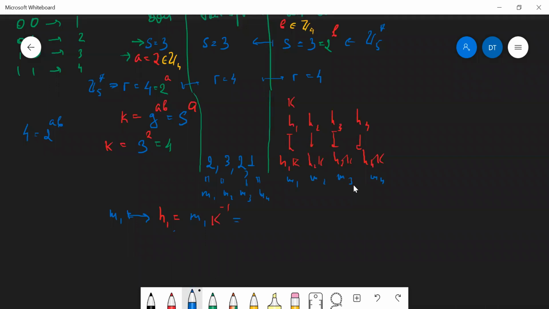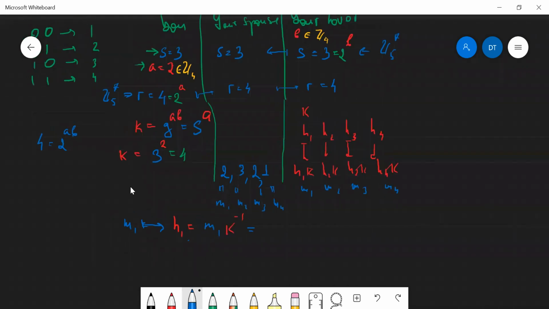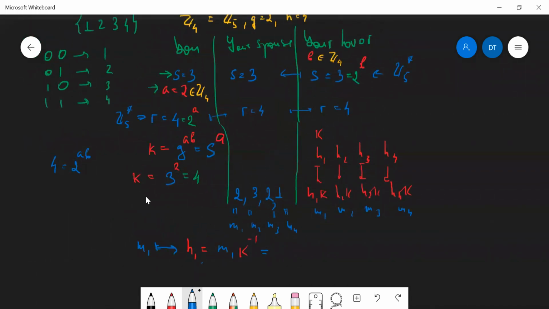So now I want you to compute this. H1 is 3, I suppose. Yep, it's 3. Now, just in case, is it clear to everyone how we get this H1 here?